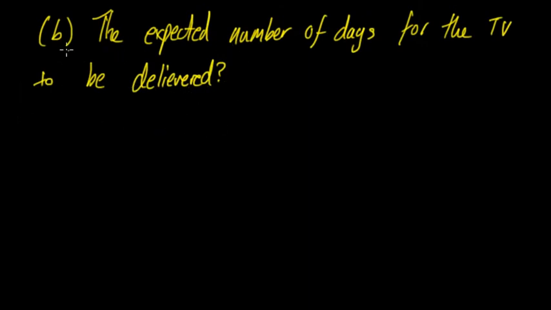And so now going back to part B. So the expected number of days for the TV to be delivered. So we have to work this out. So first thing is the expected number. So the expected number is just equal to the mean. So then we think, for the mean for the continuous, what's the formula?